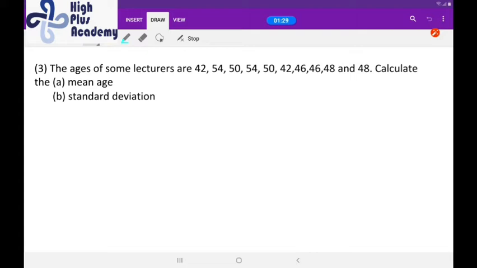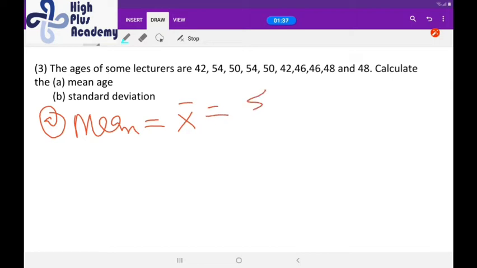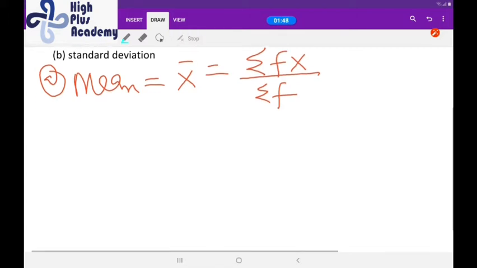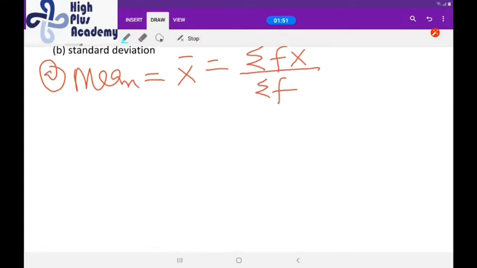Remember that mean, which is also x bar, equals summation fx all over summation f. So we need to calculate fx and f. Let's get started. We're going to be having something like this. Let's represent the values we have, the ages, as x.